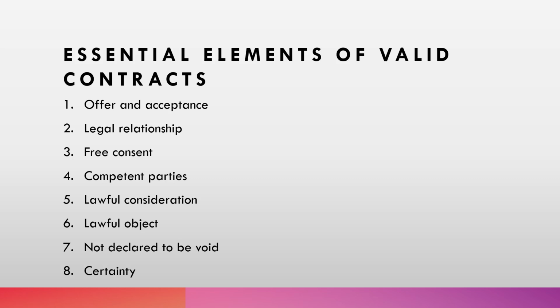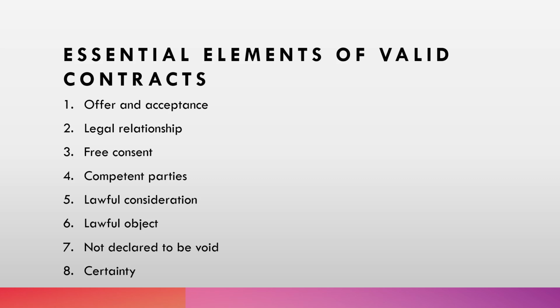Consent is said to be free when it is not caused by coercion or fraud. Coercion means you cannot force or influence someone to have the contract or to agree to something in the contract. So there should be free consent.